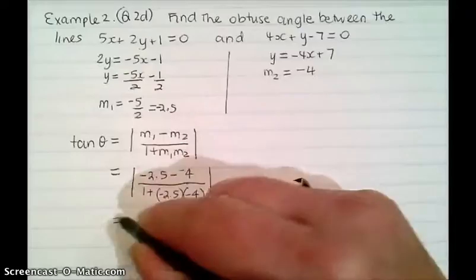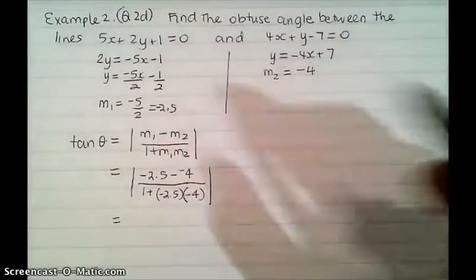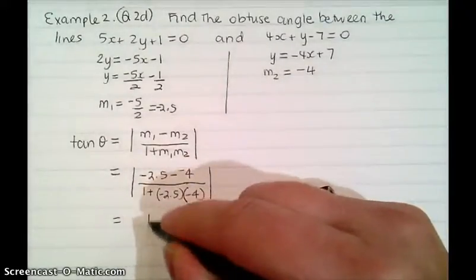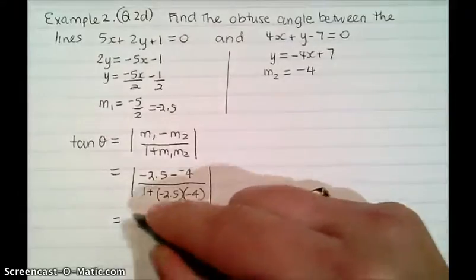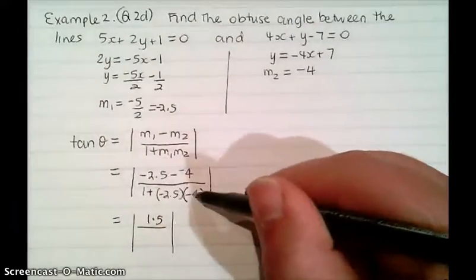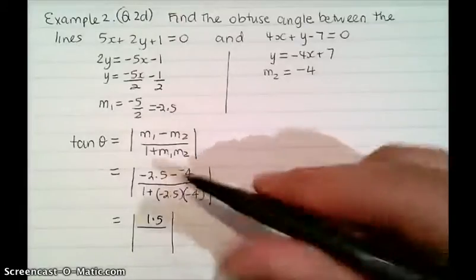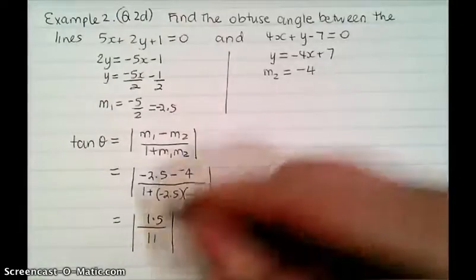You can work that out. Negative 2.5 minus negative 4 is negative 2.5 plus 4, which is positive 1.5, and that is over 1 plus, well, a negative times a negative is a positive, so it'll be 1 plus 2.5 times 4, which is 10. 1 plus 10 is 11.